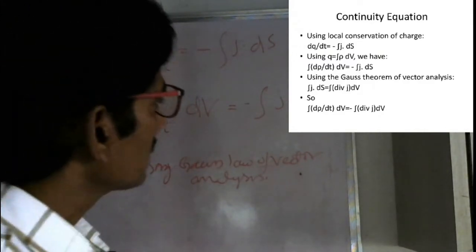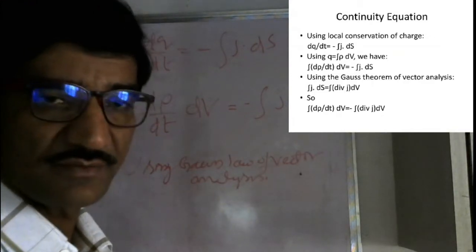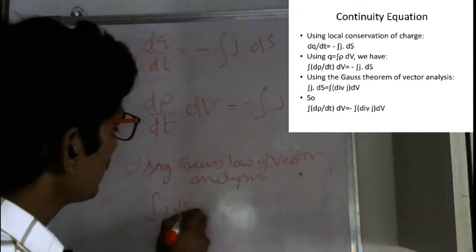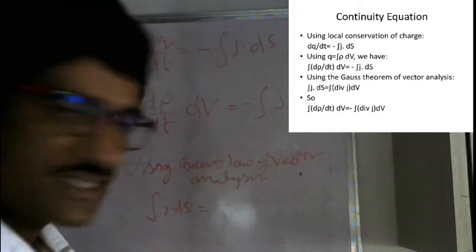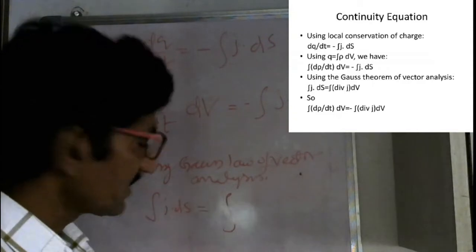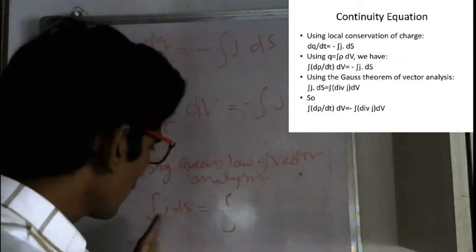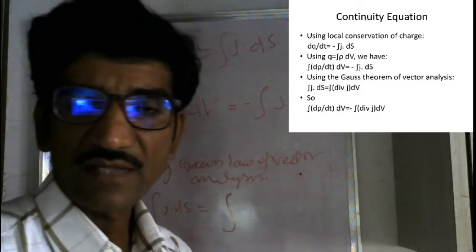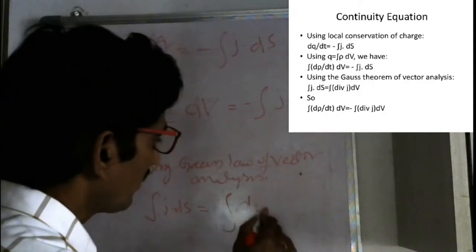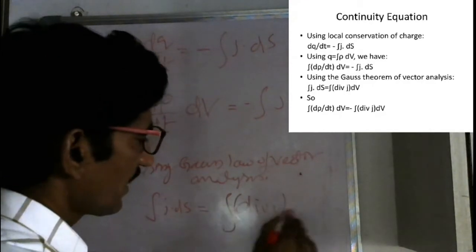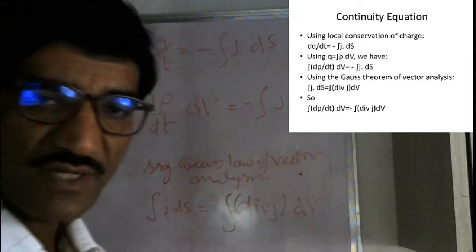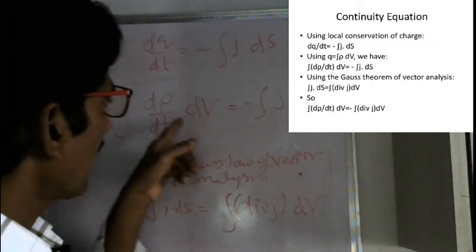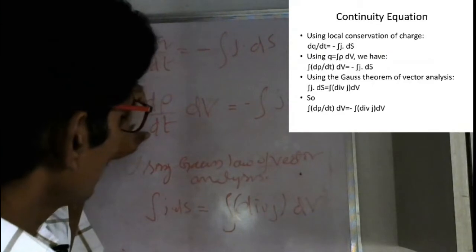We always prefer to convert surface into volume. The integral of J dot ds is equal to a volume integral of div J, the divergence of our vector J. Now this is equal to this.